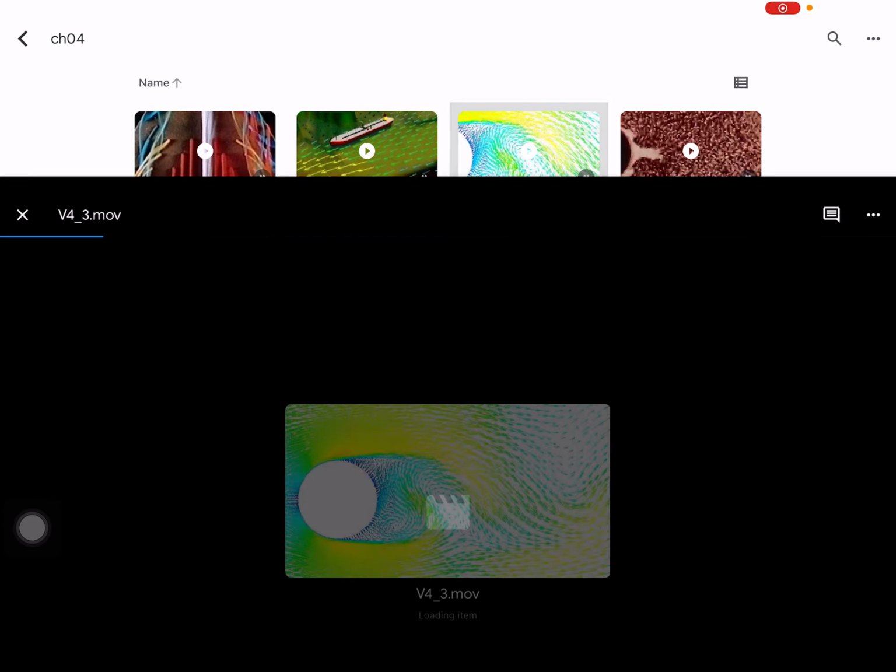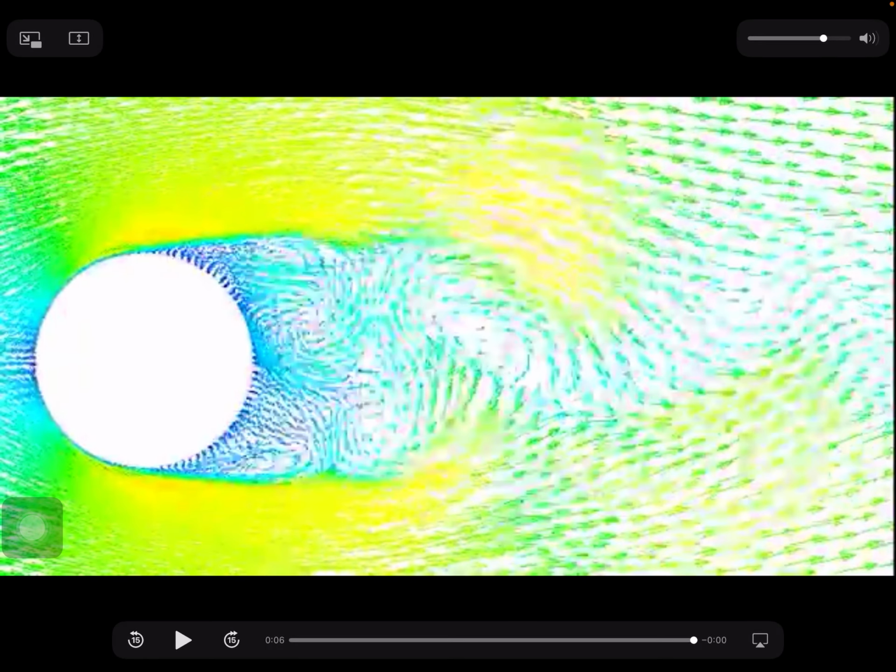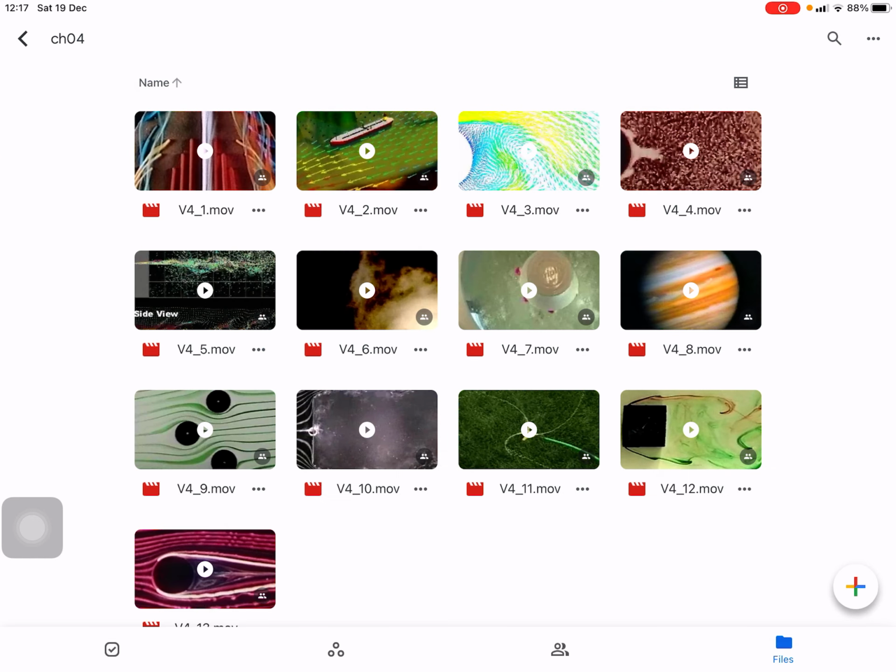And the one is the cylinder velocity vector, the vector of the velocity behind the cylinder. This is the flow of the particle from the experiment around the cylinder. So you can see the vortex of water behind the cylinder.